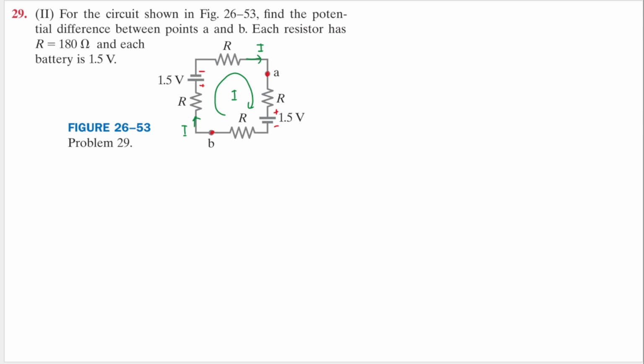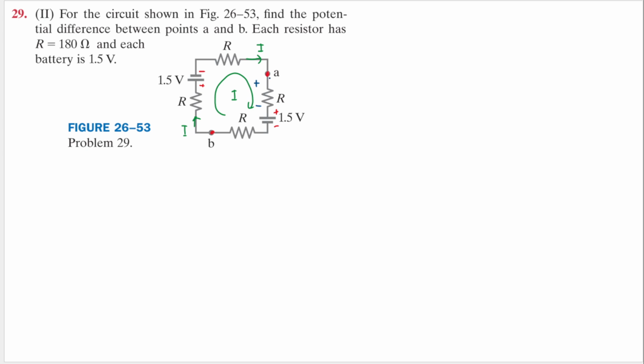Okay, that's good. And now for the resistor, we see the direction of the current. It's flowing from positive to negative. So here I is flowing from this part to this part, so this one here is the plus side and this one here is the minus side. This is also the same.